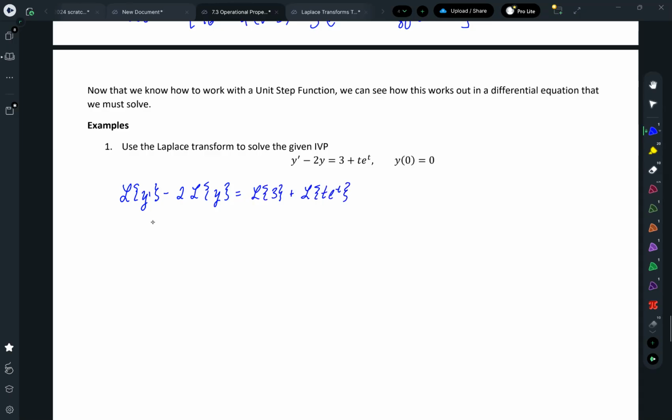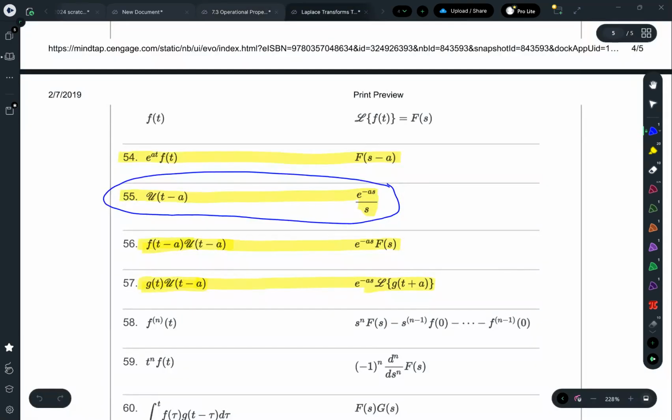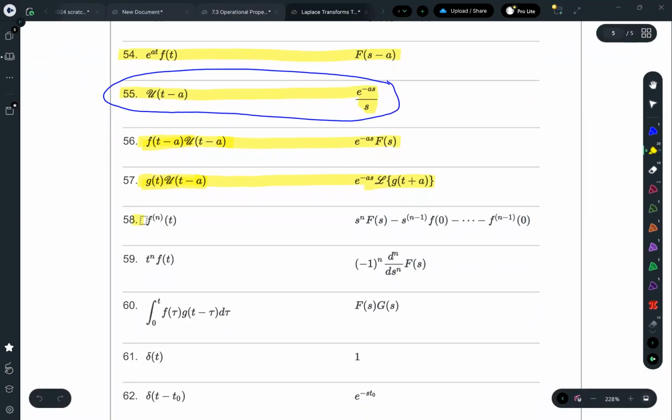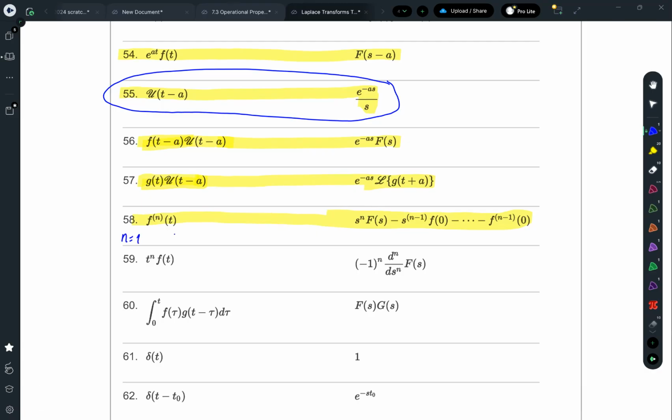The Laplace of y prime, I wanted to show you all this because this is also in your Laplace transform table. We have the general form right here. So that's for an nth order derivative. And so for the case where n is equal to 1, we're using f prime of t, and we're looking at the Laplace.